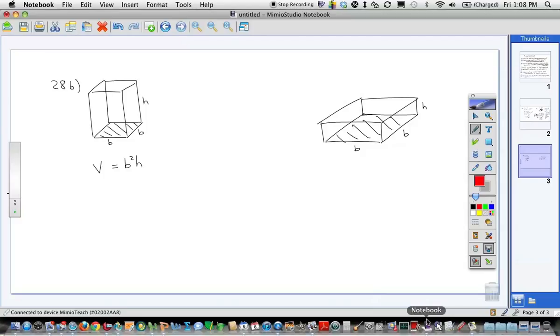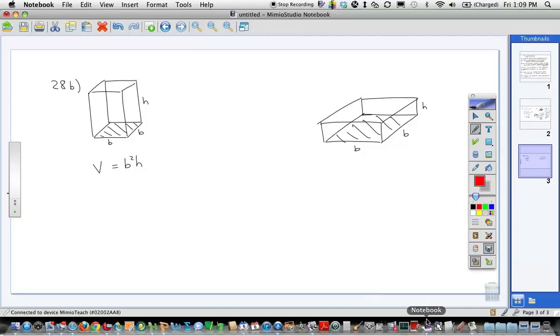Step 3 was what? Get it in terms of one variable. Use some other information that's in the problem to get it in terms of one variable. Well, that's going to be that 108 business. So what did that say? Read that again. Long side plus the girth.